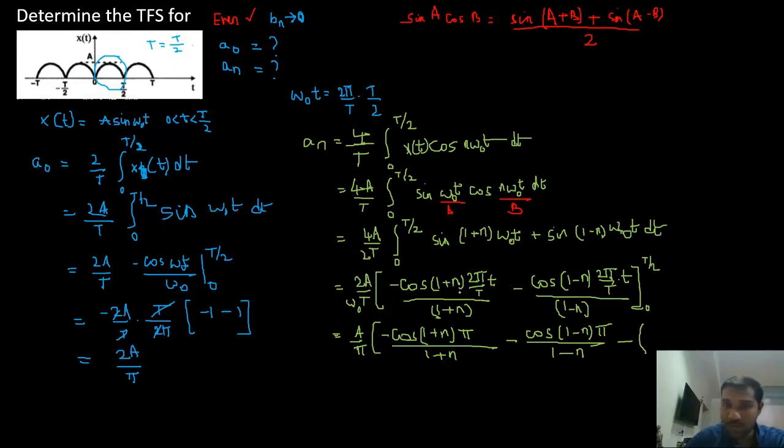Cos 0 is 1, so minus 1 by 1 plus n, minus, again cos 0 is 1, so 1 by 1 minus n, right?